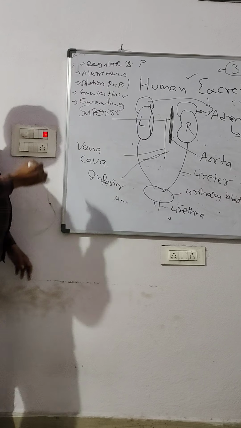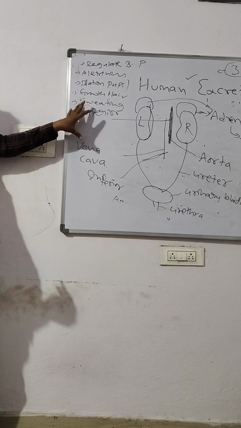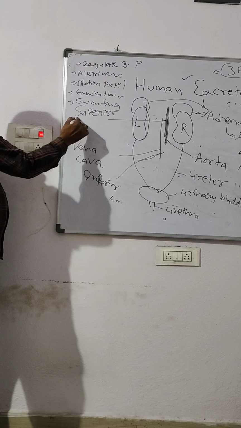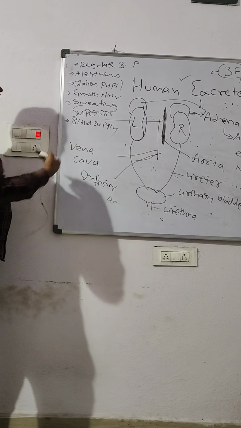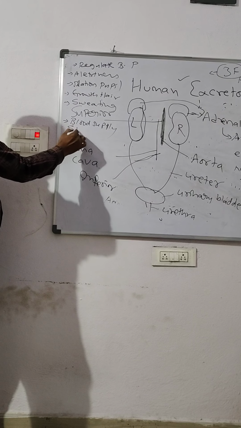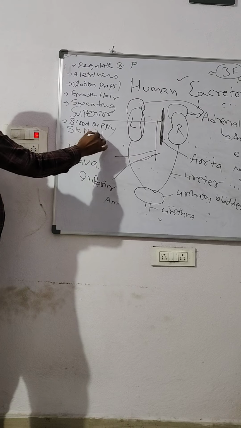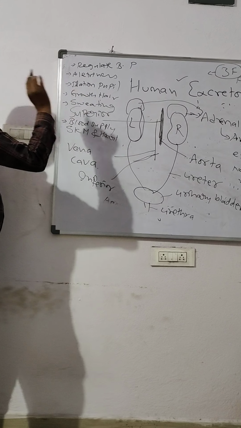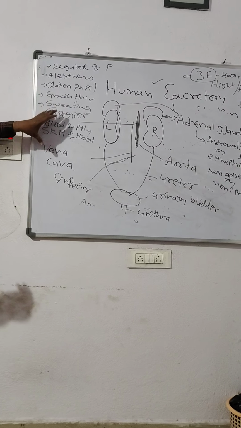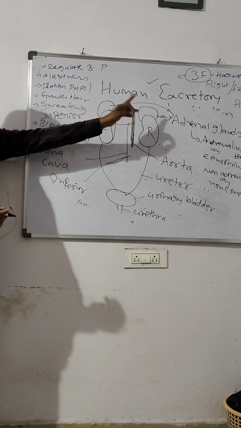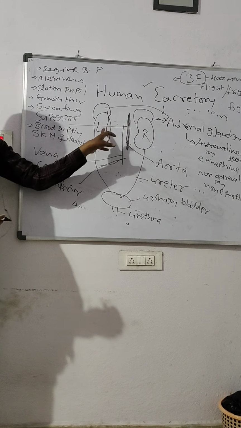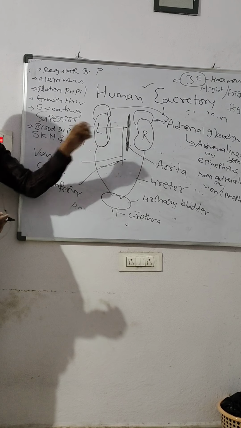It plays a major role in producing sweat, and it also helps in blood supply to various parts of the body, especially the skeletal muscles as well as the heart. So these are all the applications of the adrenal gland. Where is this adrenal gland? It is located on the upper parts of the kidney on either side. On both sides it is available.